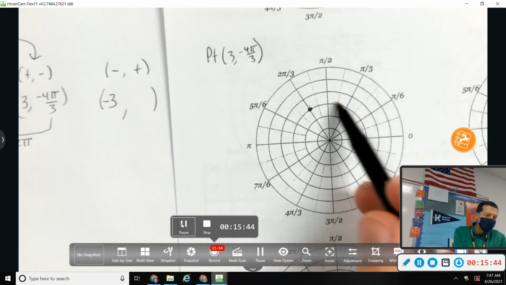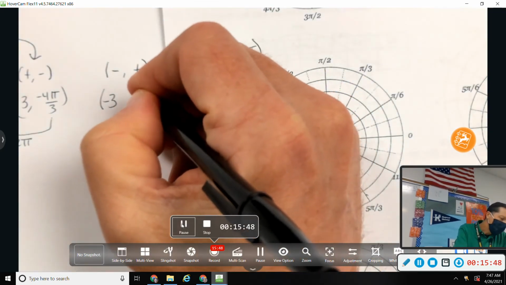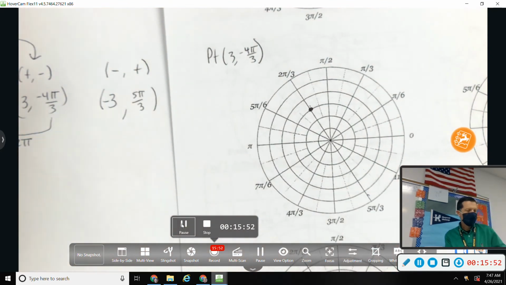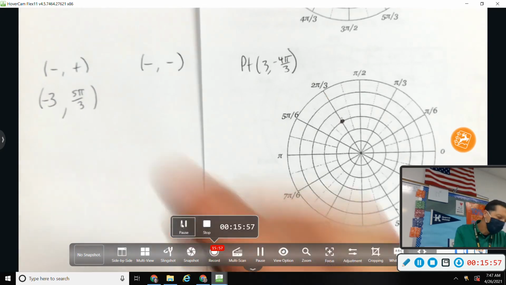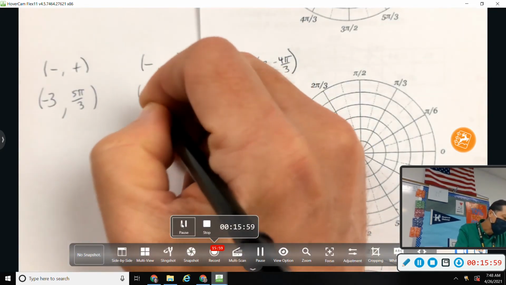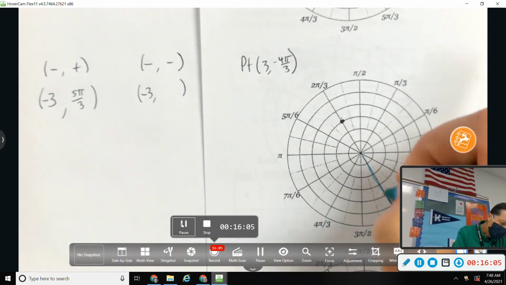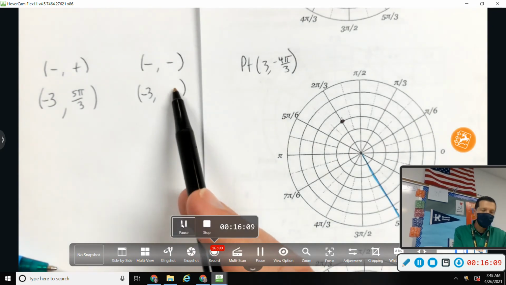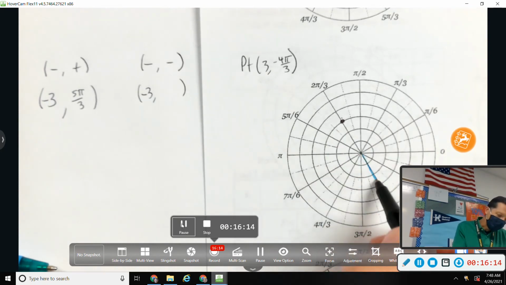So we'll rotate to 5 pi over 3 and then go backwards 3. It's got to be -3, which means I want to land on this angle, the 5 pi over 3, but I don't want to get there the 5 pi over 3 way. I don't want to get there the positive route. I want to get there the negative route.